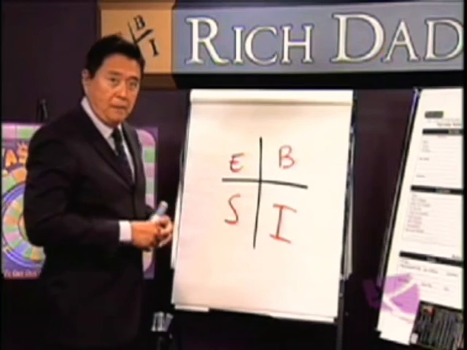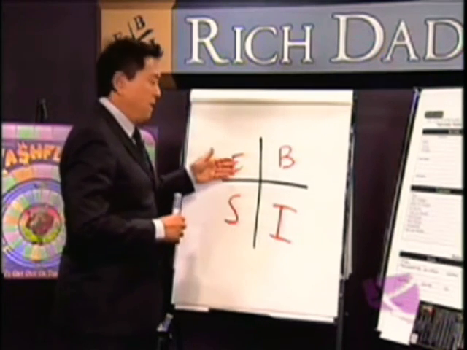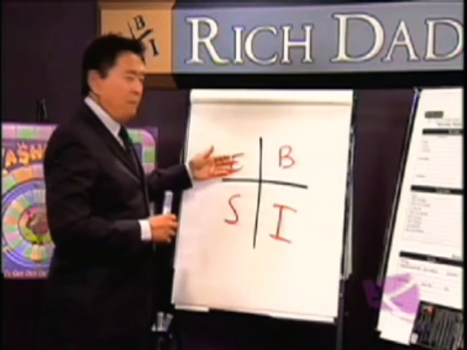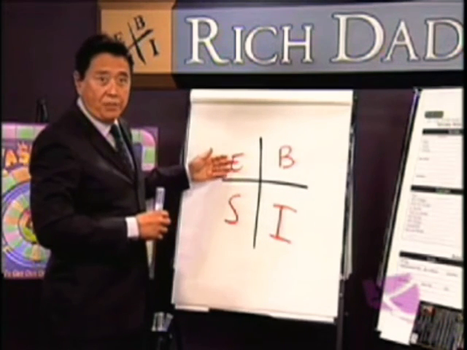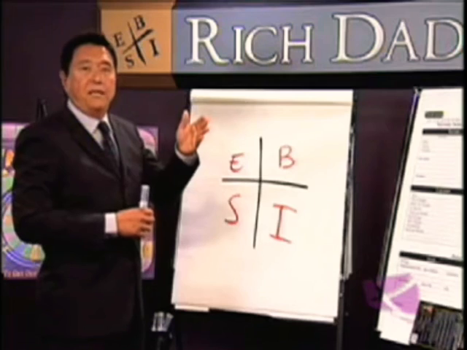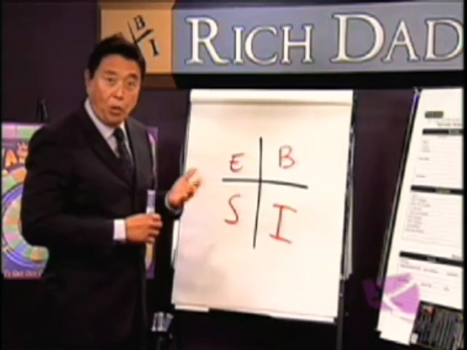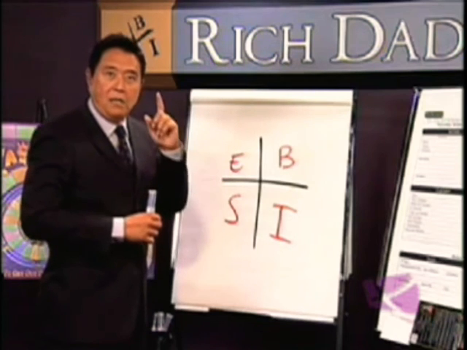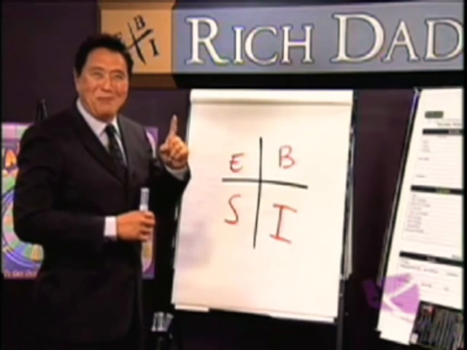My rich dad said you can tell an employee by the words they use. An employee, whether a janitor, a receptionist, or the CEO of a company, because most CEOs are actually employees of public companies, says the same words: I'm looking for a safe, secure job with benefits.